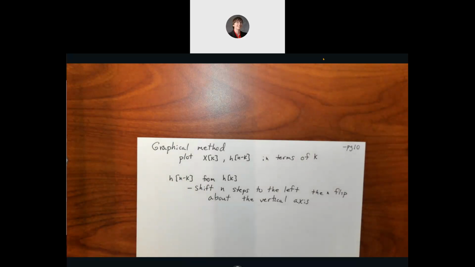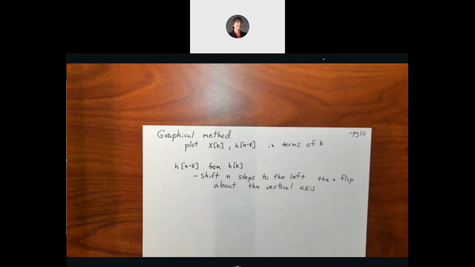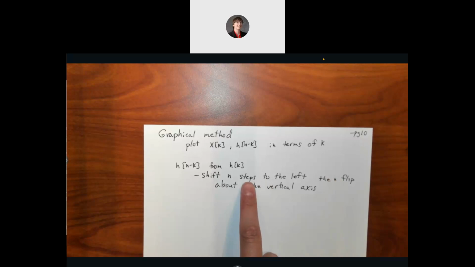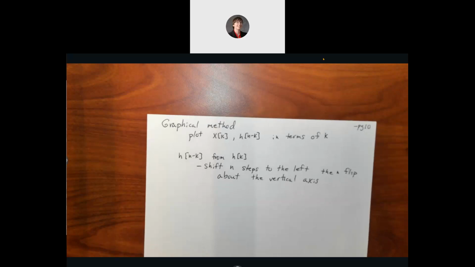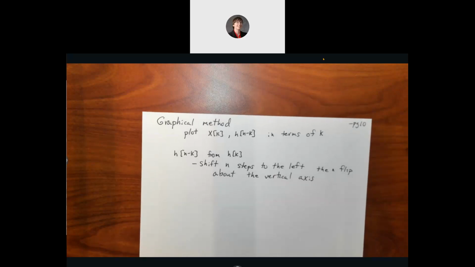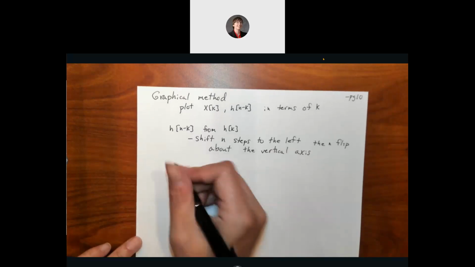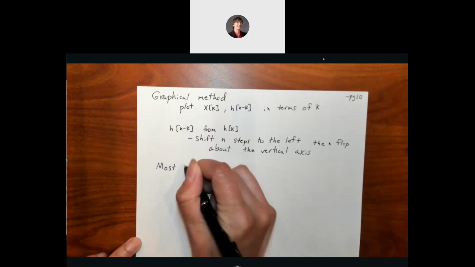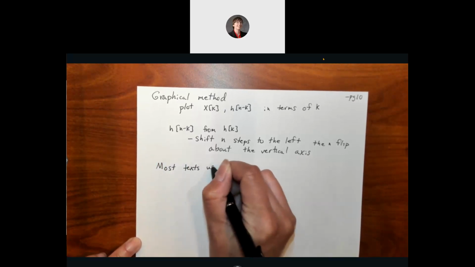You will notice that some textbooks, when they talk about convolution, say flip then shift. The difference there is if you flip first, then you're going to be shifting to the right instead of to the left. So you can do it either way. Just something to note if you look at the textbooks: when they're manipulating signals, they tend to do shift and flip, and then for some reason for convolution they say, let's flip then shift. So a little bit of a weird inconsistency there.